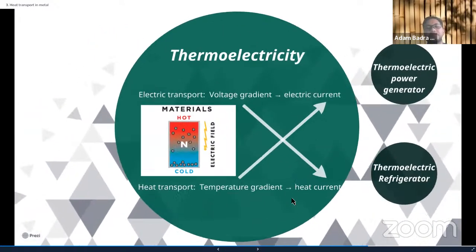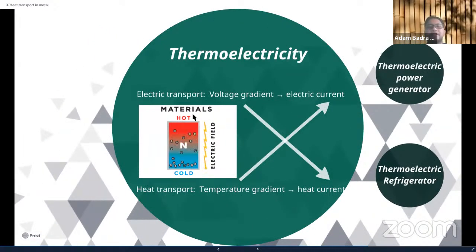Okay, so those relations of electric transport and heat transport are also sometimes interchangeable. In most materials, voltage influences the electric current, and thermal gradient only influences the heat current.